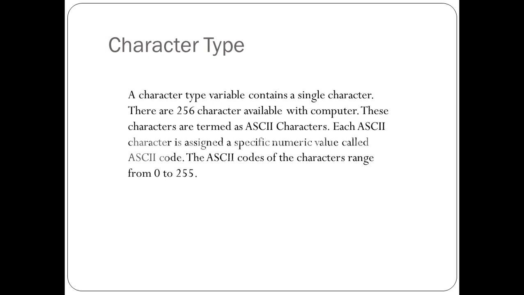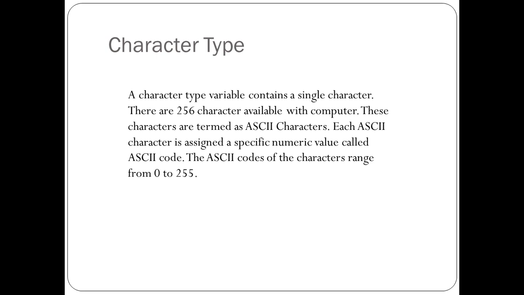So we can store any character within the range of 0 to 255 in a character variable. Other than this, Java also supports Unicode characters. Unicode characters can also be stored in a character type variable, because in Java a character is 2 bytes, whereas in C and C++ the character is 1 byte.